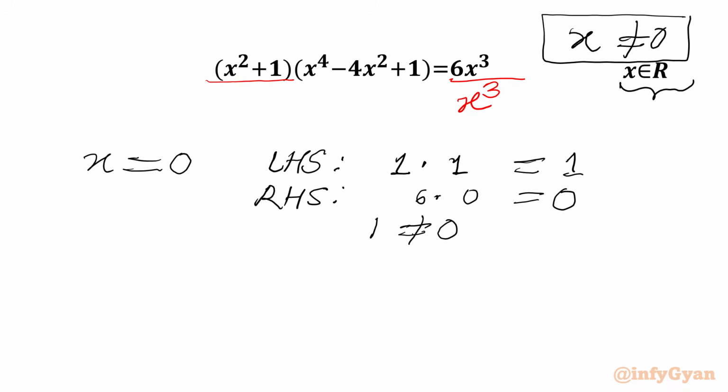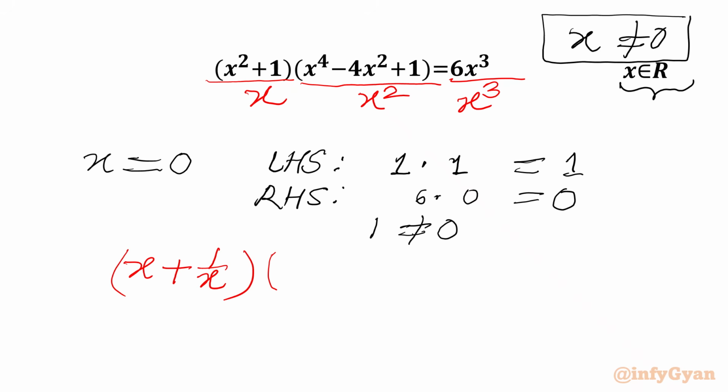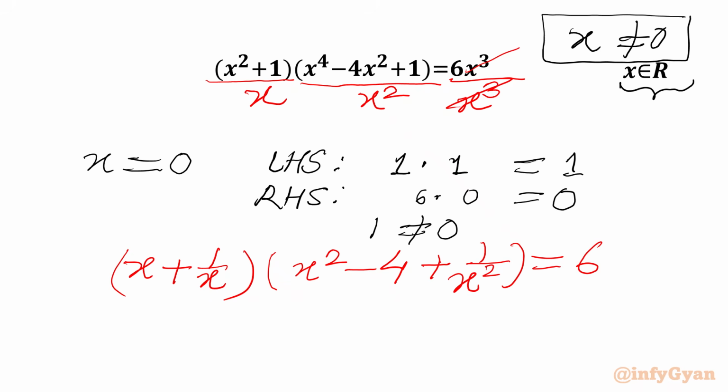And in the left hand side we will divide our bracket x square plus 1 by x and the second bracket x power 4 minus 4x square plus 1 by x square. x square over x is x, plus 1 over x, times x power 4 over x square is x square, minus 4x square over x square is minus 4, plus 1 over x square, equal to 6x cube over x cube, we will write 6 only.